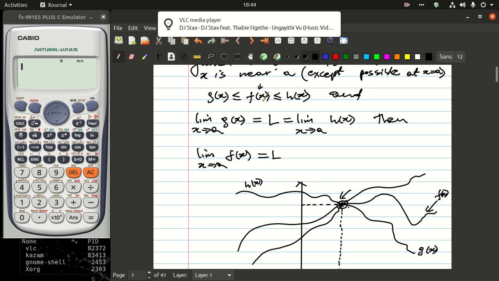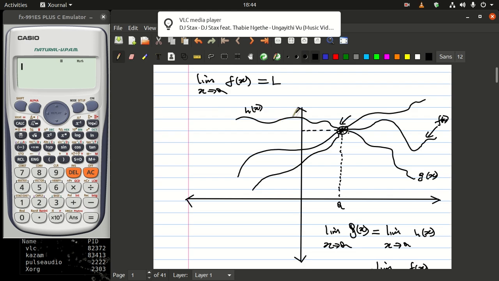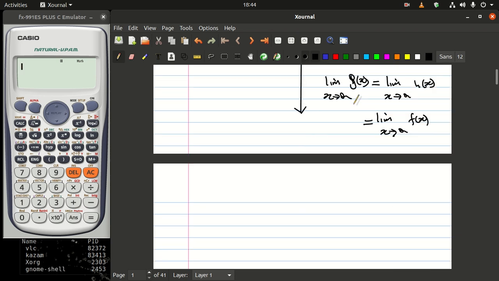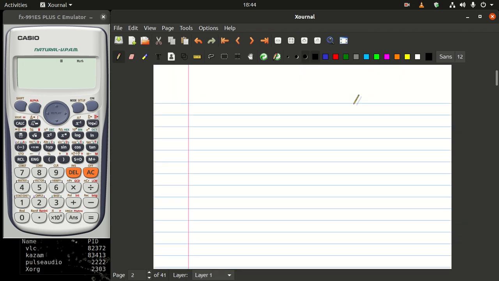So the task for the squeeze theorem is to find those functions. It's always to find these two functions that are bounding this function, and those two functions must actually be going to the common point. Let's take some examples here and see what we can actually get out of this.